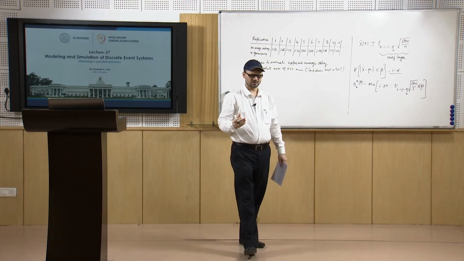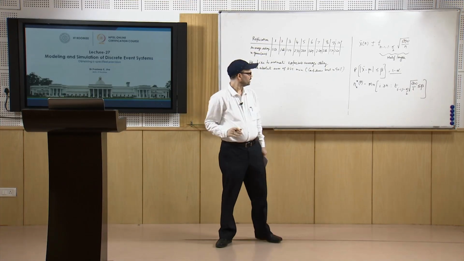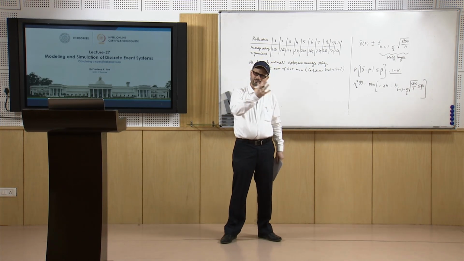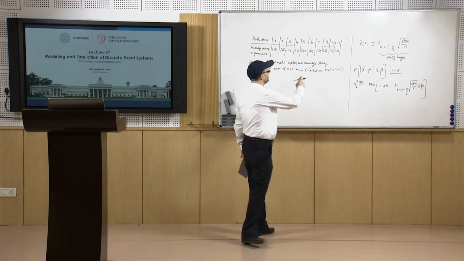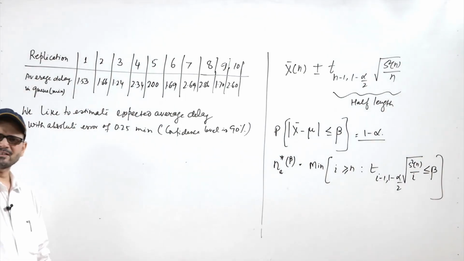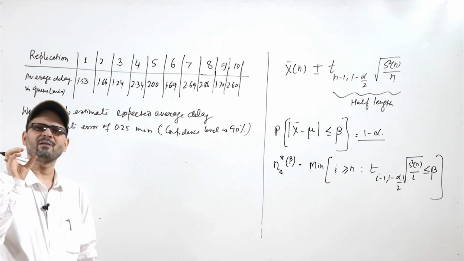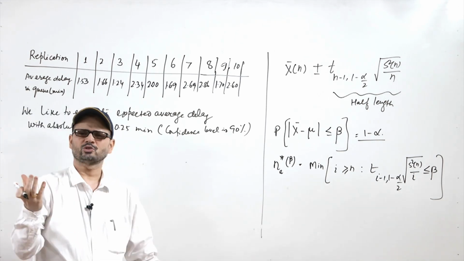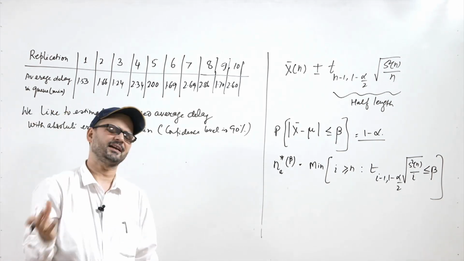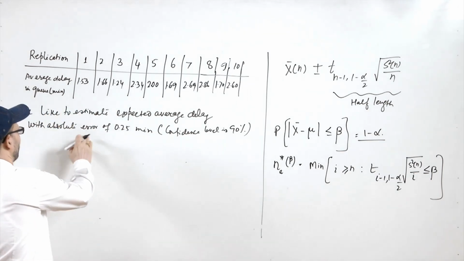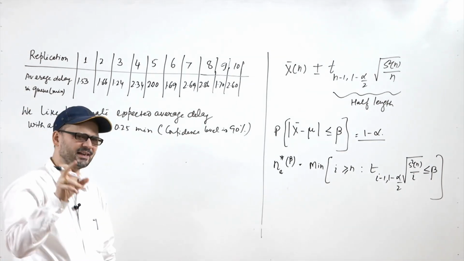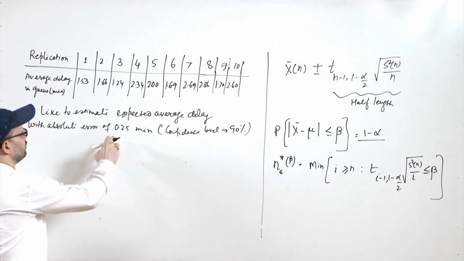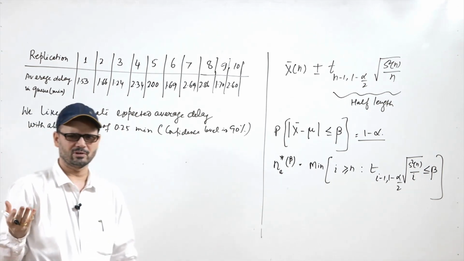In the earlier case, we had the values, and based on that we found the sample mean, and then we found the confidence interval for the 90% confidence level. Now, we want to check the half length. That is the error, with the half length on both the left and right side. That is known as the absolute error. Now, that is to be confined to 0.25 minutes; in the earlier case it was 0.31 or so.